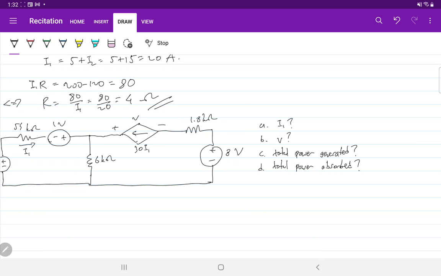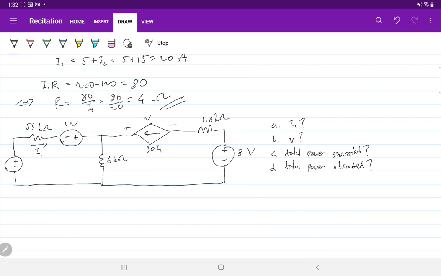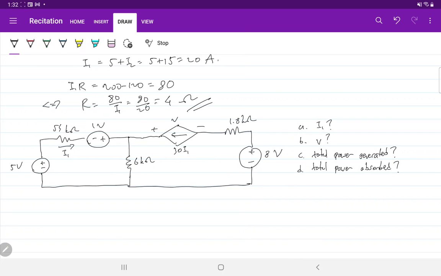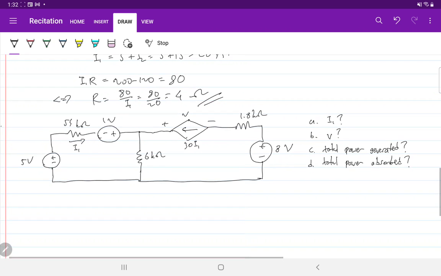Okay, for part D, you should know which types of units generate power. Sources, like the voltage source and the current source, generate power, obviously, and the resistors consume power.